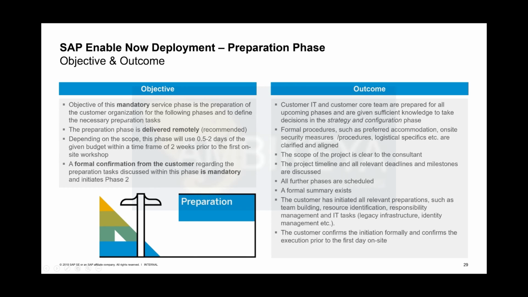The purpose would be to prepare the customer IT and the customer core team, the business owners, for all the tasks that come up in the strategy and configuration phase, from a resource perspective and from an infrastructure perspective, to avoid any delays in the early project.